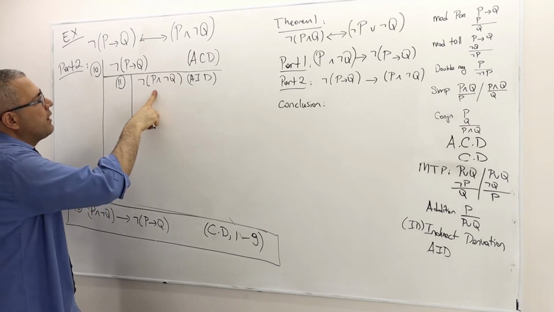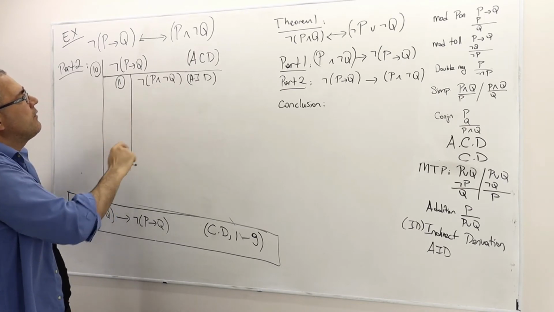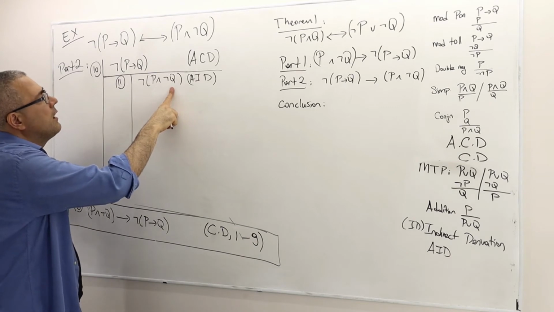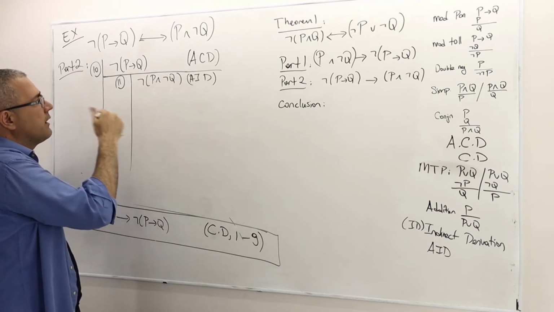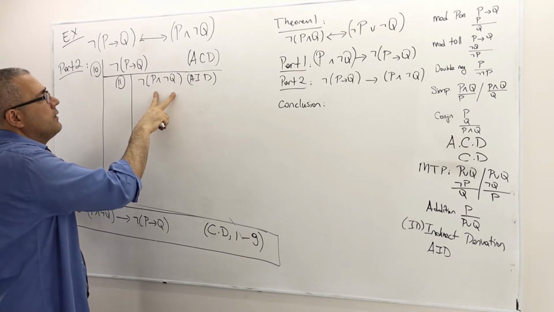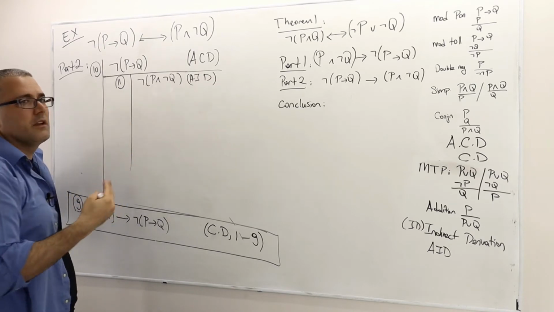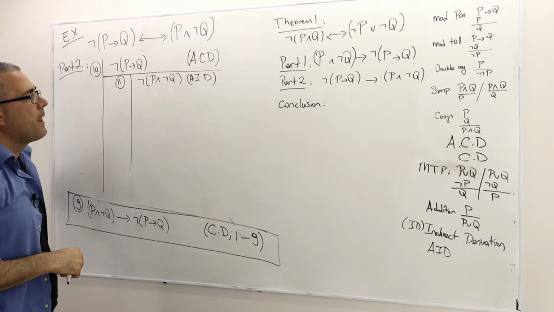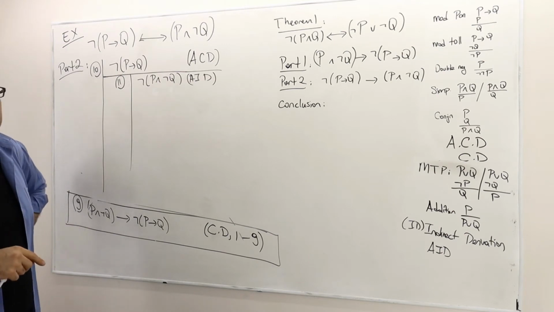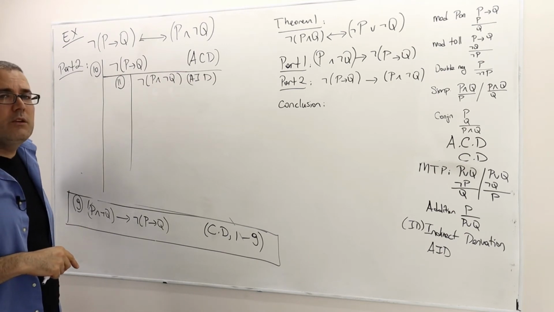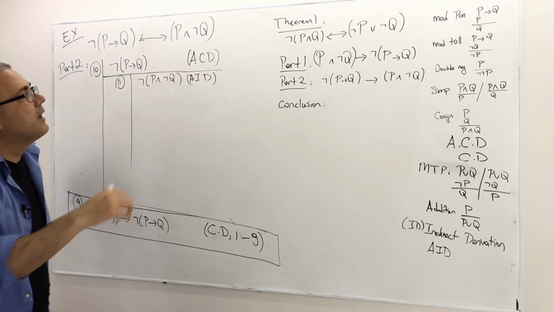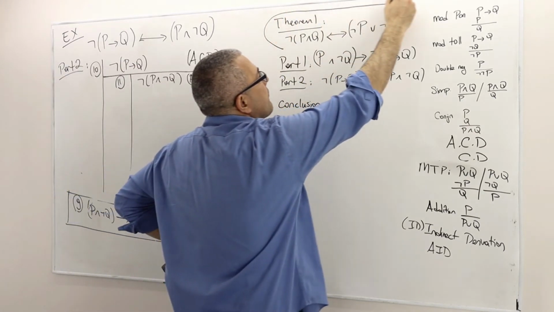Well, if I show that P is true, and if I show that not Q is true, well, then I can show that P and not Q is true. And so I contradict with this one, which is the contradiction I was looking for. All right. But you know what? I can use a trick. What is that trick? Theorem 1.